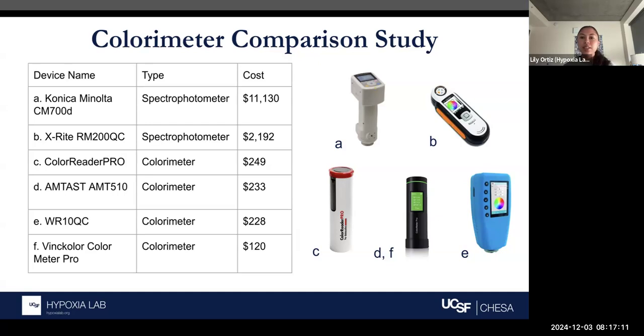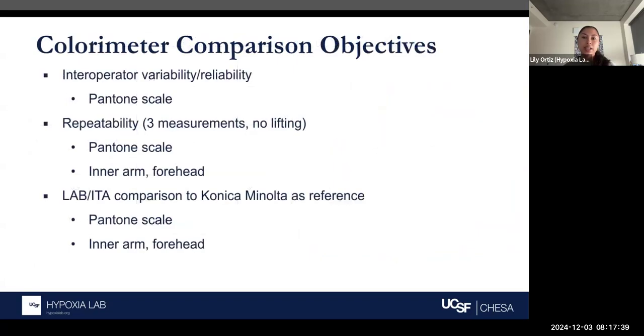Like Mike mentioned, some of these were chosen off of your recommendations, and also because they were across a wide range of price points. The lowest costing device was $120, and the highest cost of the lower cost devices was around $2,000. So we took triplicate measurements at 2 different sites. We chose the forehead to act as our sun exposed site, and then we also did the inner upper arm to act as the sun unexposed site.